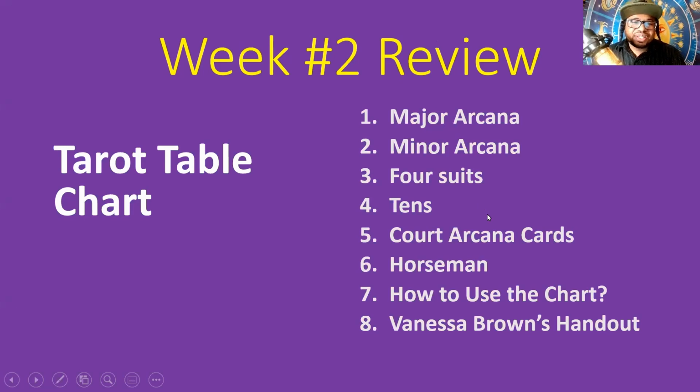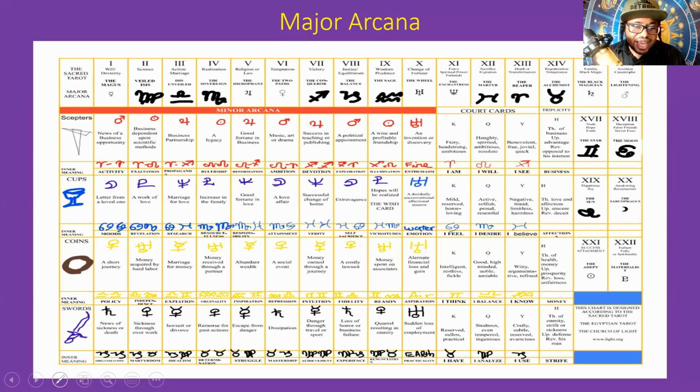Firstly, we'll be starting off with the major arcana. And this chart right here could be your SOS piece of paper. In fact, for those who are not familiar with astrology, or with the tarot, or with this system, I would advise you to have this chart, maybe make a copy of it, laminate it, whatever you do.